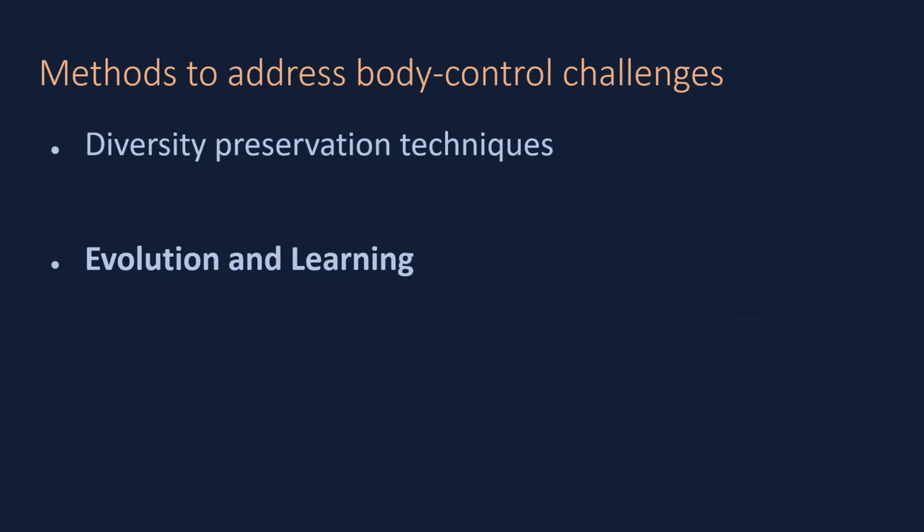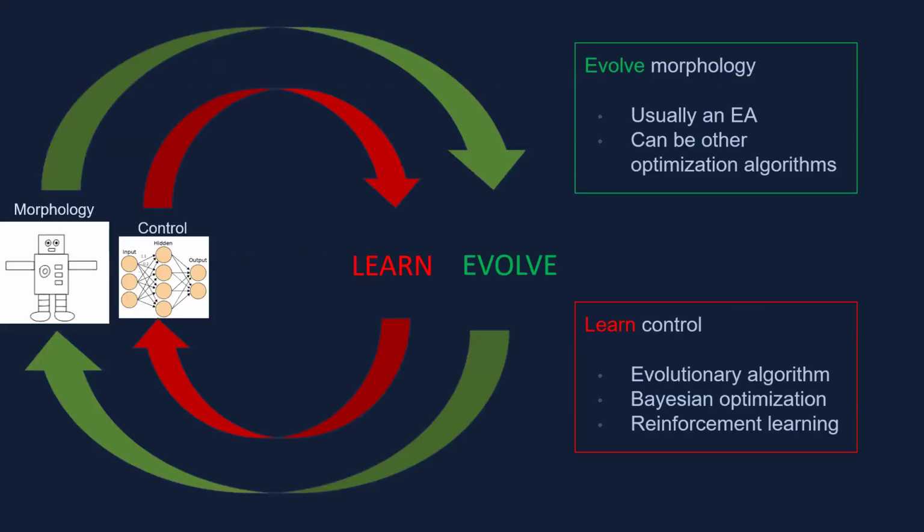I will continue on that. So another way to try to deal with the control and morphology evolution is to separate them indeed. You would start with an evolution loop that would evolve the morphology of a robot, and every morphology will have multiple trials to try to find the optimal control for this specific robot.